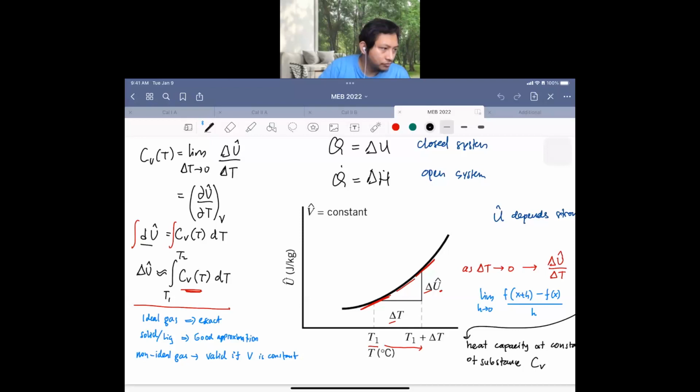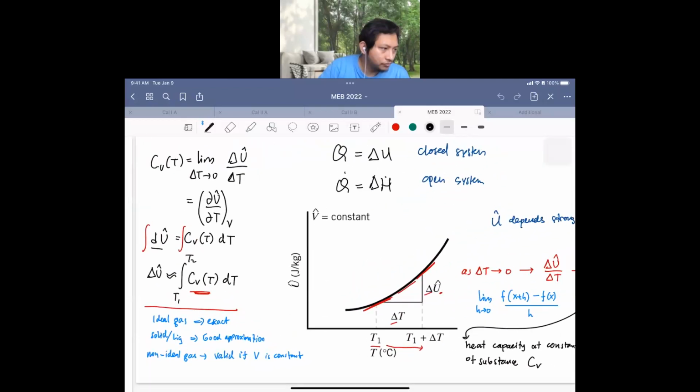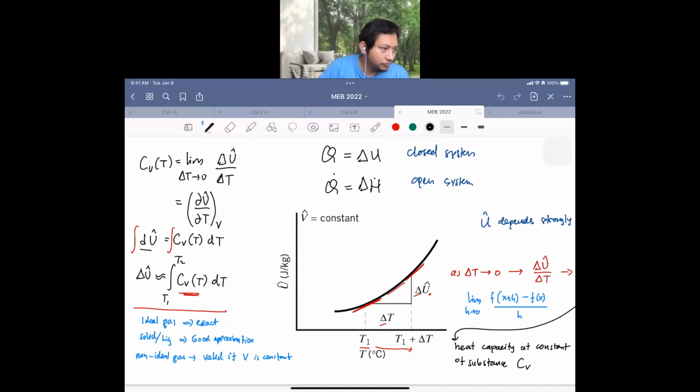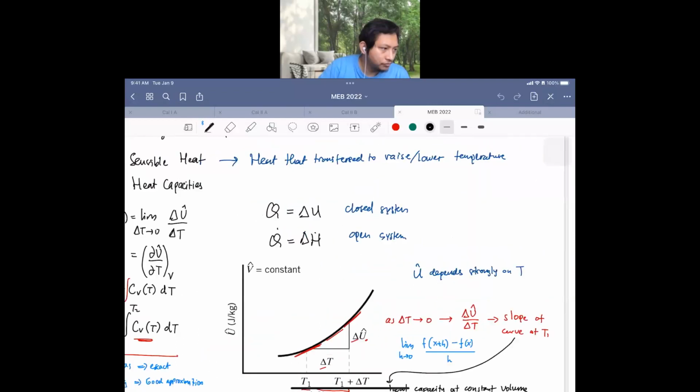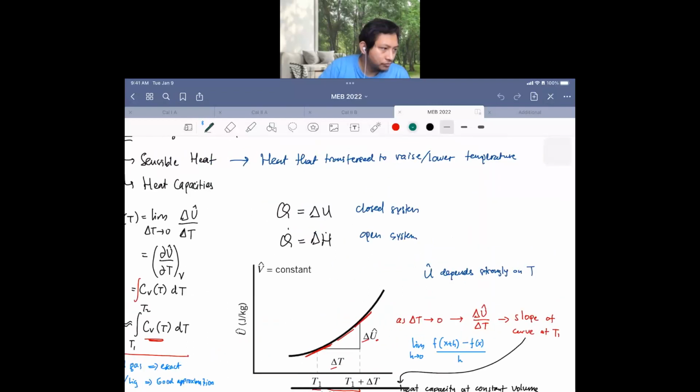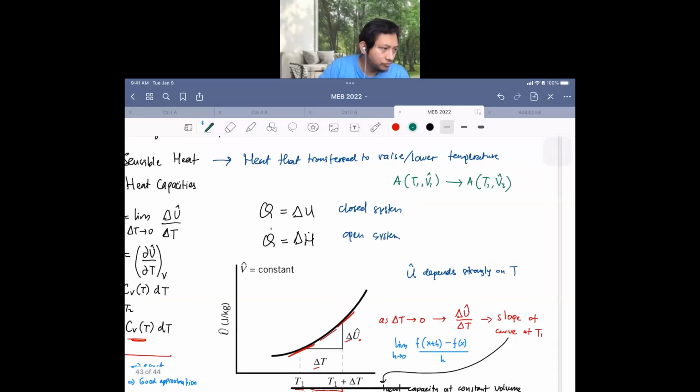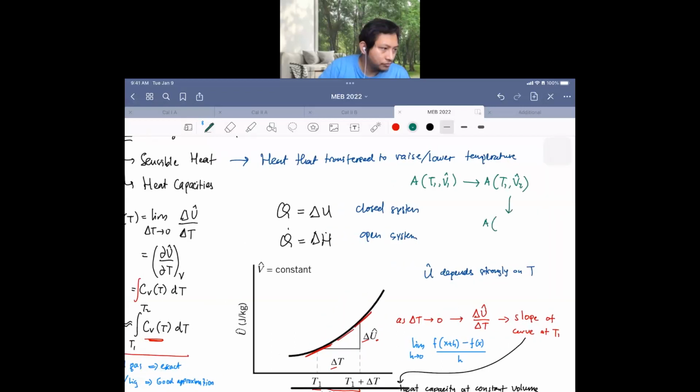So we can also look at what really happens when we have T1, T2. If we take it into two separate steps, from T1 and V1, this is typically changed to V2 and then changed to T2 and V2, the terminal conditions.